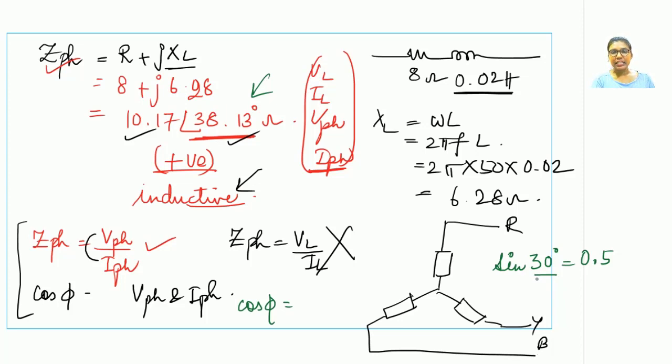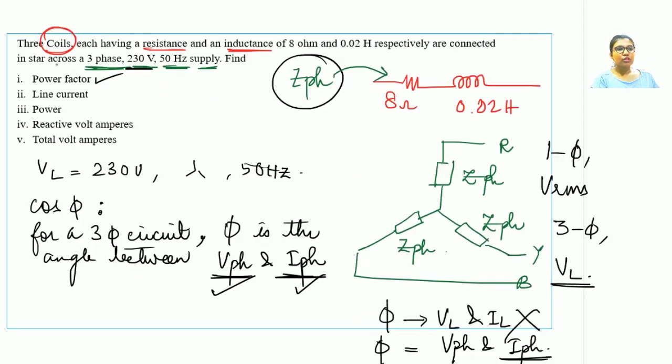Else it would be taking in radians and you have to convert it from the radian mode to degrees mode. So solving cosine of 38.13 degrees, it comes out to be 0.786. Since this is cos phi, you have to mention whether it is lagging or leading. So it is lagging, which has been inferred from the angle value of the Z phase. So we have already solved the first bit, that is power factor.